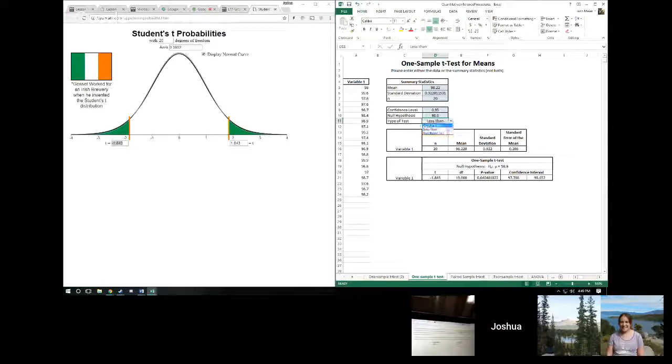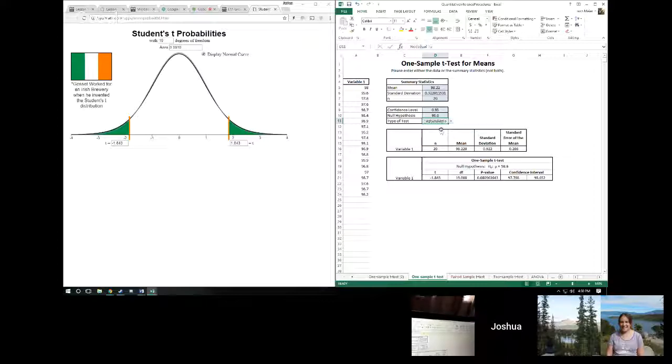So for the not equal to test, the p-value I am given from the inference procedures is 0.0809. If I make sure that everything not in the middle is shaded and put in the degrees of freedom, it gives me 0.081, and it matches the p-value I was given, 0.0809.